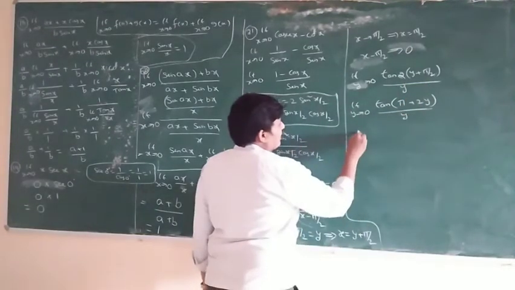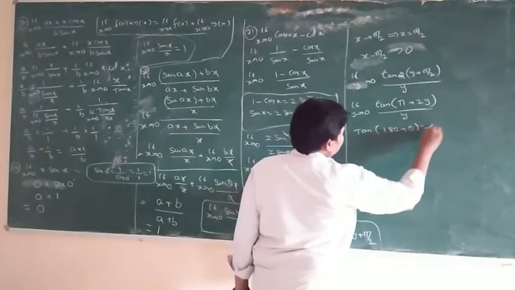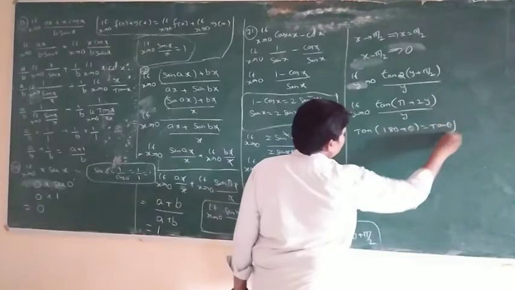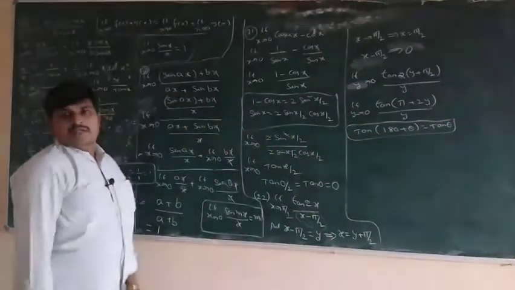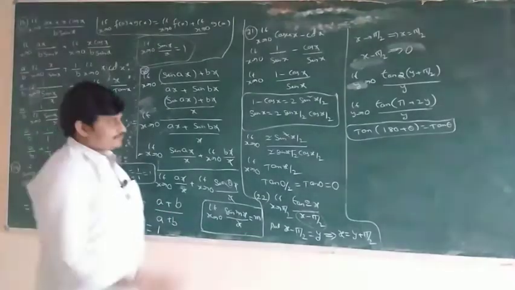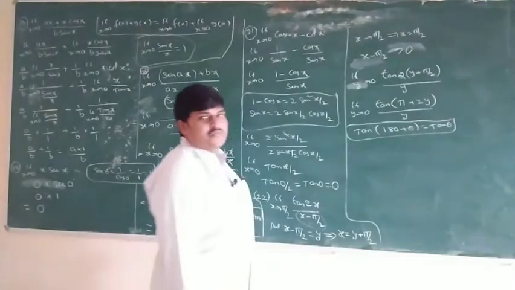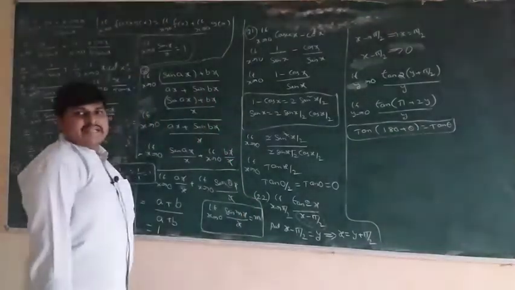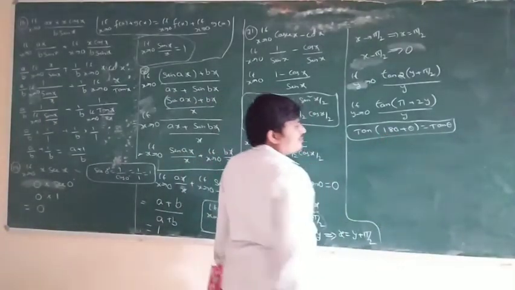Tan of 180 plus theta is equal to tan theta. 180 plus theta is in the third quadrant. In the third quadrant, all silver teacups: T for tan, cot, both are positive. So 180 means the same function.